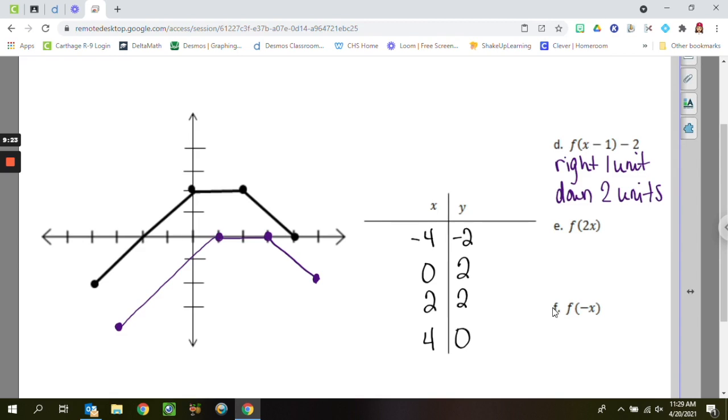The question is, what are we doubling? Our x values? Or are we doubling our y values? X, correct, because it's inside the function. If it was written like this, then we're doubling our y values. Okay? This is where it's helpful to write your new x values.